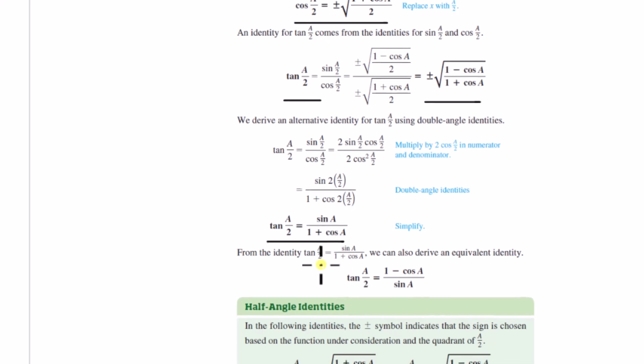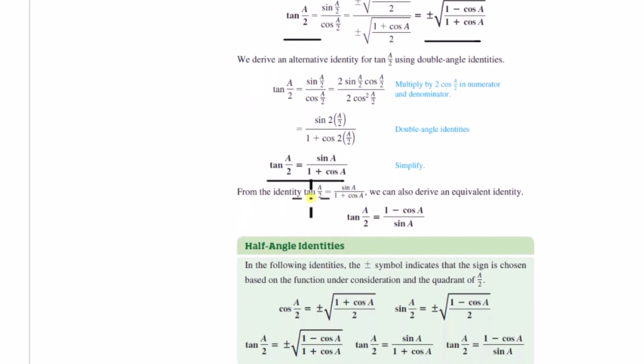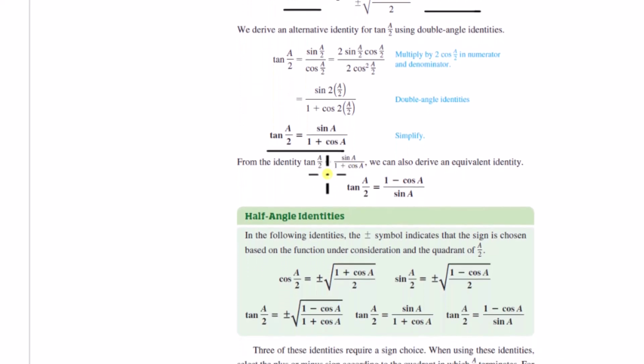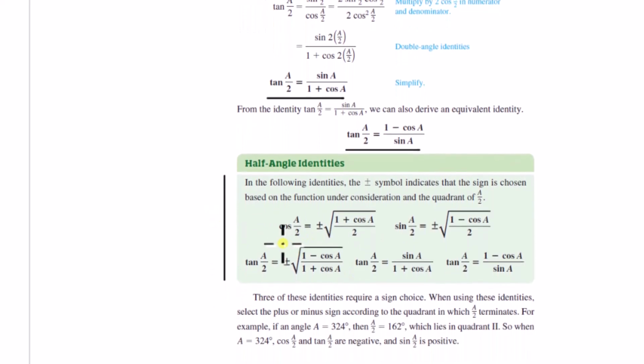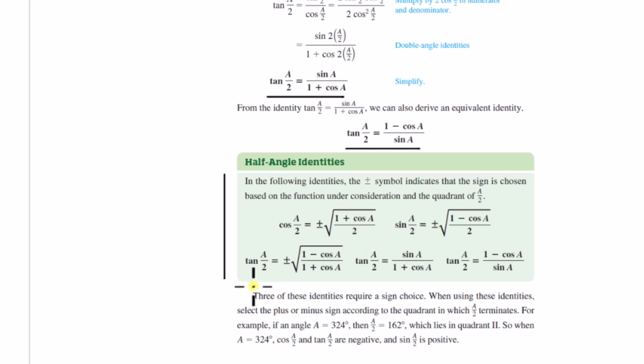And then they do another form for the half angle identity for tangent. I'll derive this in a separate dedicated derivation video, but they derive a third one here for the half angle of tangent. So there are the half angle identities: you have cosine, sine, and then 3 forms for tangent.